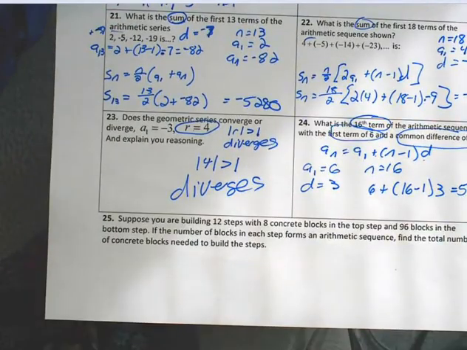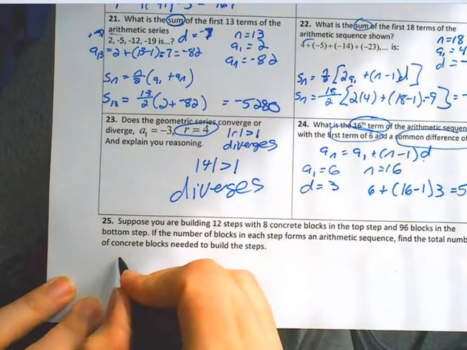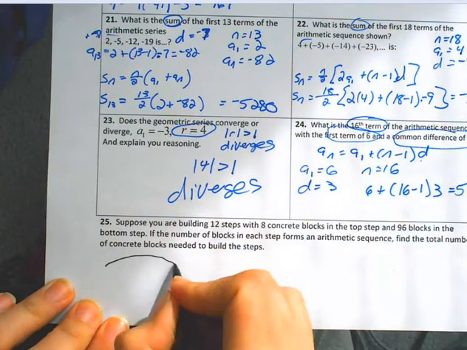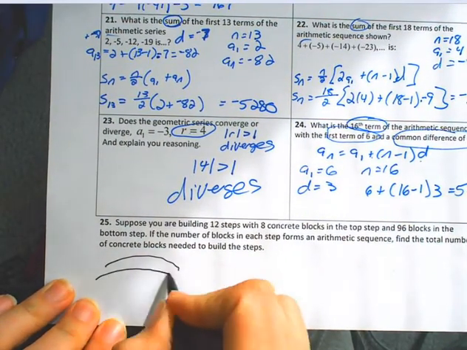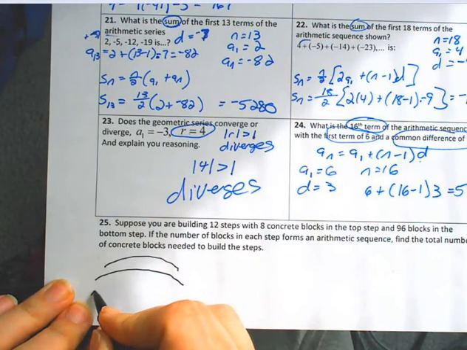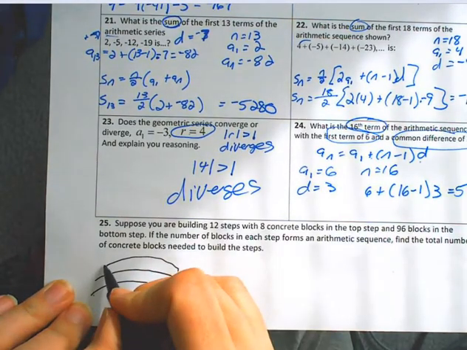Suppose you're building 12 steps with 8 concrete blocks in the top step and 96 blocks in the bottom step. Okay, so I'm going to build steps, and the steps kind of go like this. I'm the world's worst artist. Okay, so I have 8 blocks on the top step.